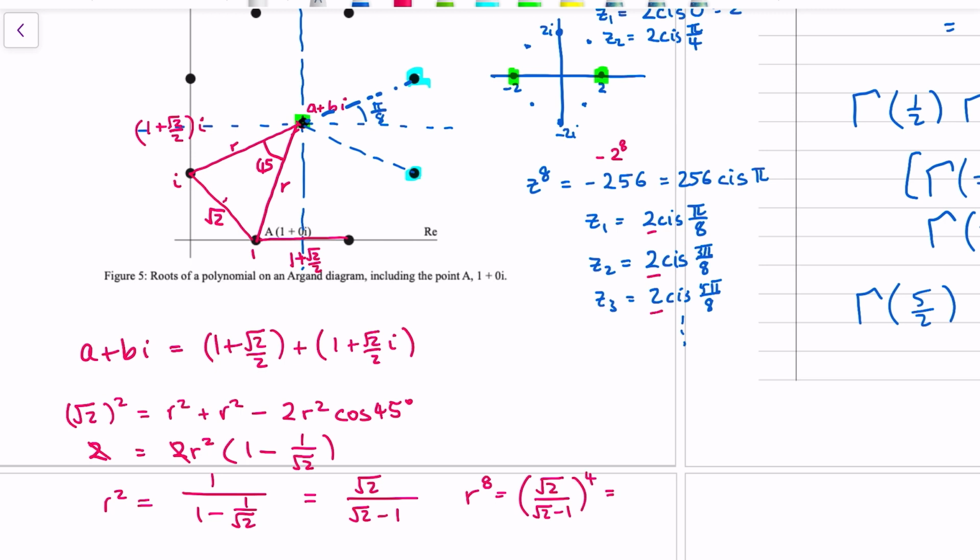I'm just going to get the calculator to do it because I can't be bothered doing the conjugate stuff. Root 2 minus 1, hopefully it just comes out as a nice number. My calculator's dying, so let's see if it will do surds for me.